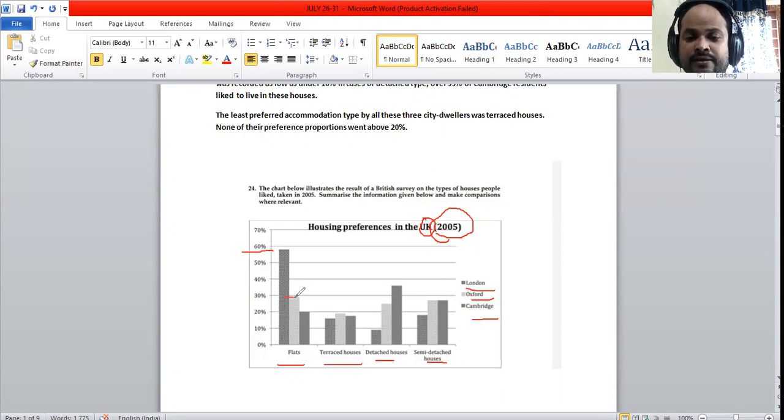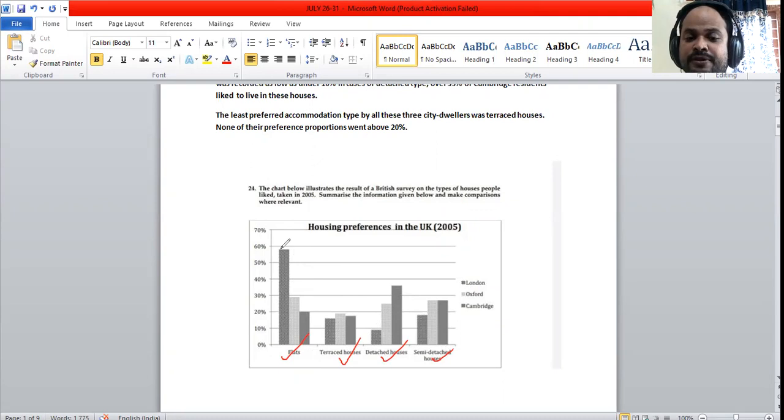Whereas under 30 percent in Oxford preferred flats. Just 20 percent in Cambridge preferred flats. So this is what the statistics are. This differs across the types of houses: flats, terraced houses, detached houses, semi-detached houses.